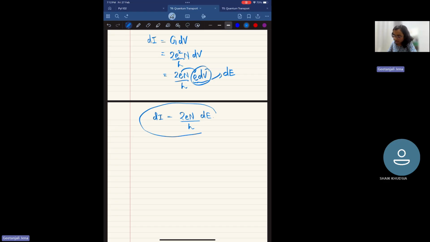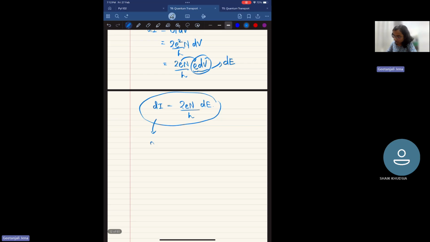This expression is similar to another expression for the current, which has the form e by tau, since current is charge by time.